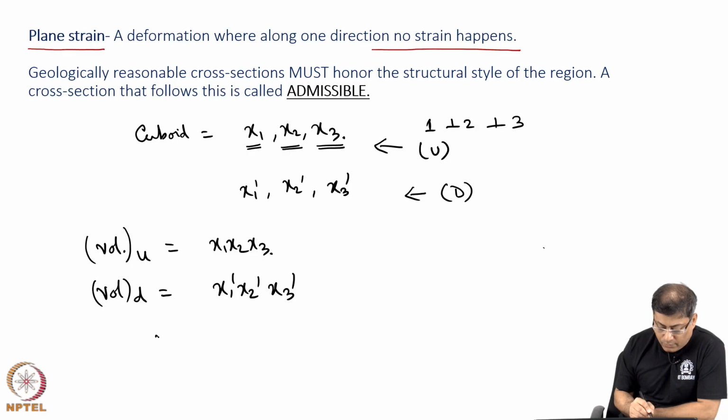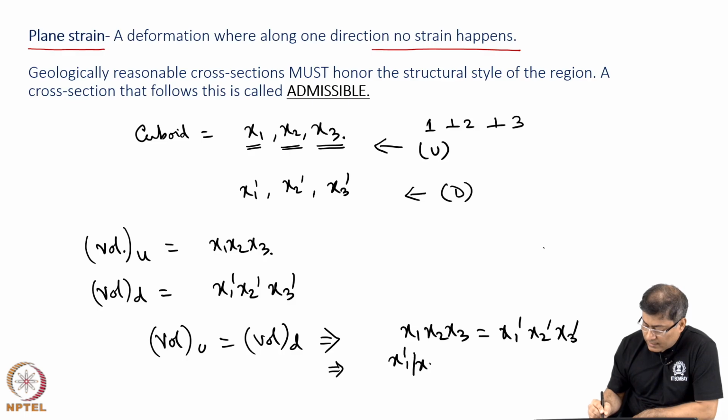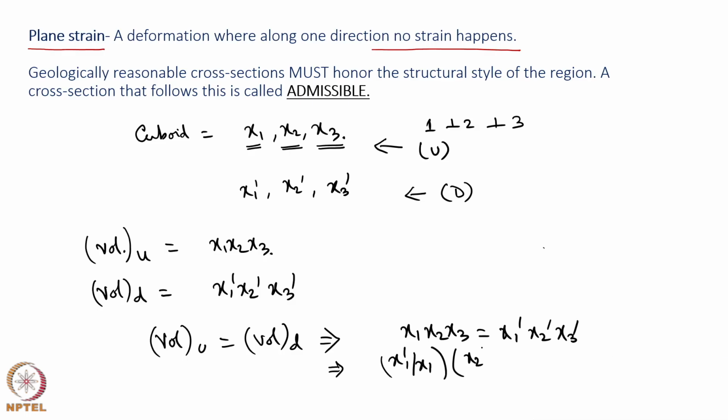If it is a constant volume deformation, then volume U is equal to volume D, which means that x1, x2, x3 is equal to x1 dash, x2 dash, x3 dash. From this I can write x1 dash by x1 multiplied by x2 dash by x2 multiplied by x3 dash by x3 is equal to 1.